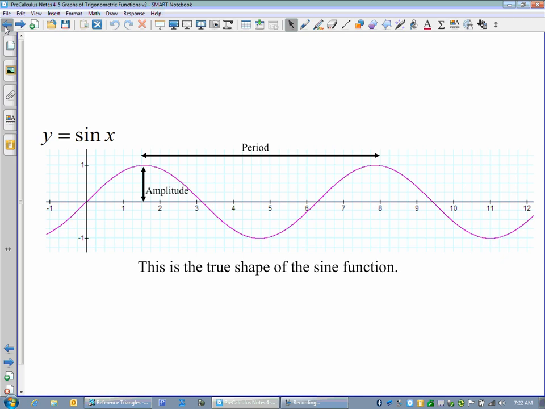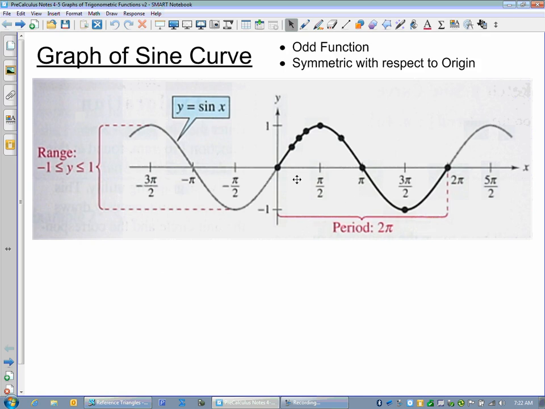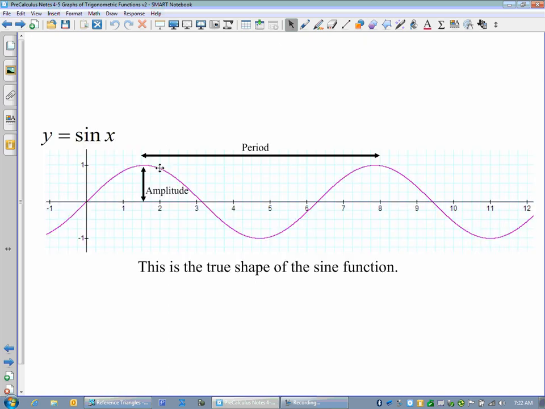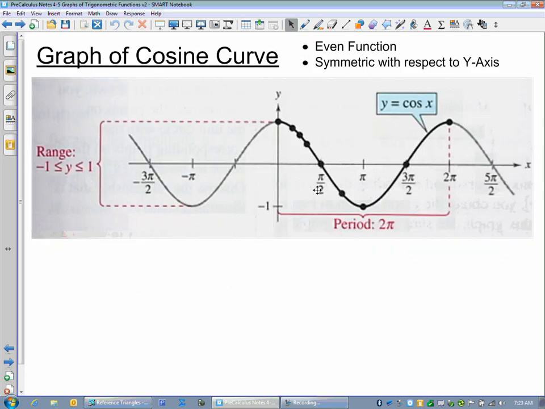As opposed to the way it's usually drawn, the period here is a 4 to 1 ratio physically, the way they have it drawn here, where in reality it's 2 pi to 1. So as long as you understand that this is the true shape of the function, then it's okay to not draw it to scale.